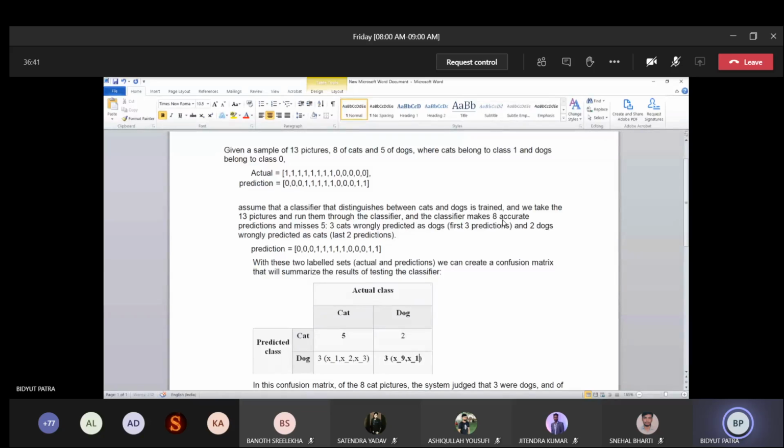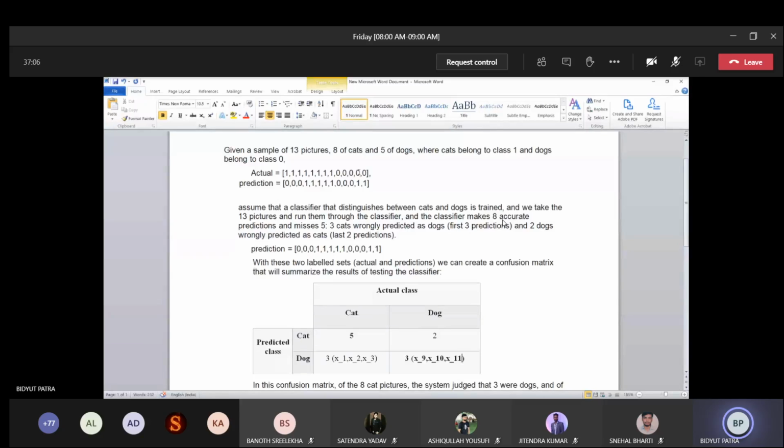Then x11, right? So x11 is negative class. Now here we are saying it is positive class, but actually it is negative.